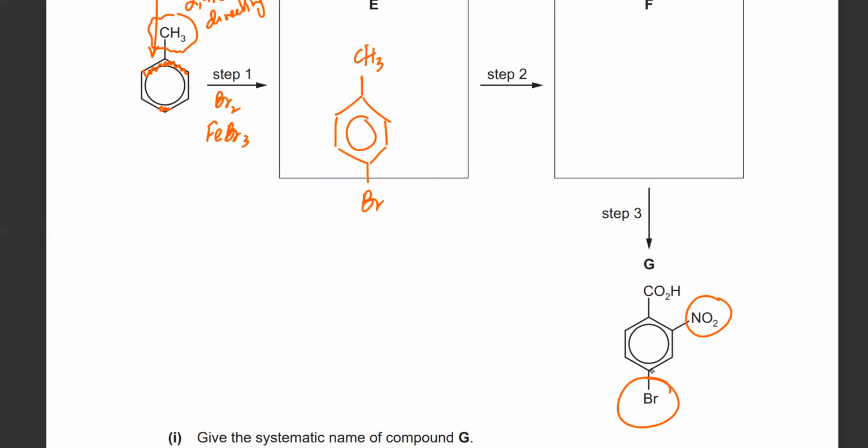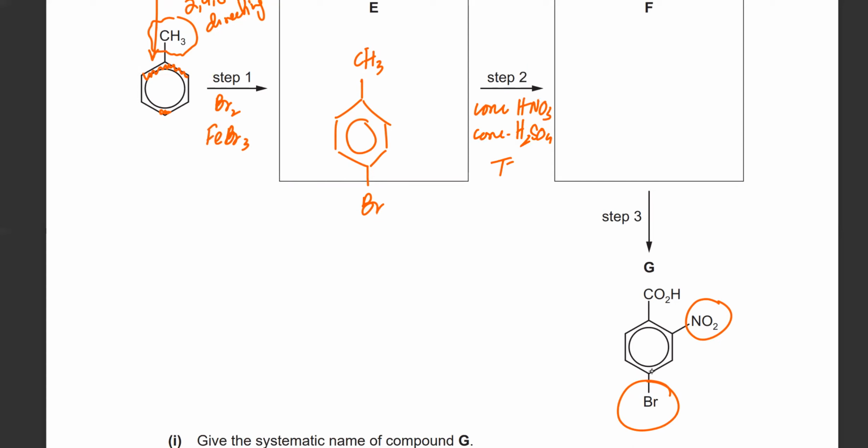Then we can do nitration as well. If you do nitration, you would have to add concentrated nitric acid and sulfuric acid. And the temperature has to be kept at 55.